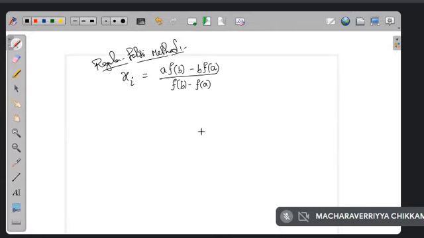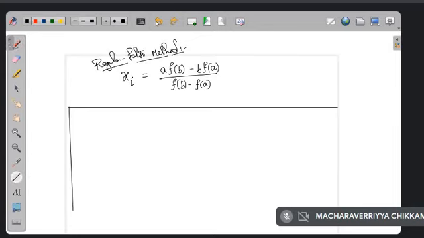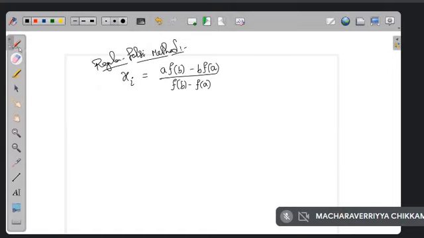Now let's do one thing. Let us solve a problem using this method. Let me take an equation. The question is to find an approximate root of f of x equals x into e power x minus 1.